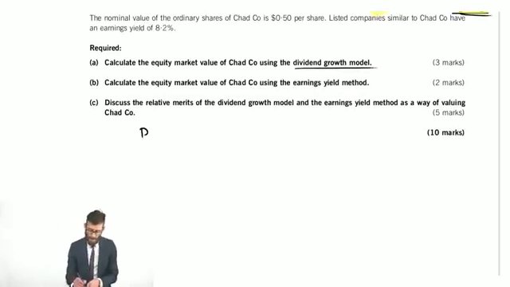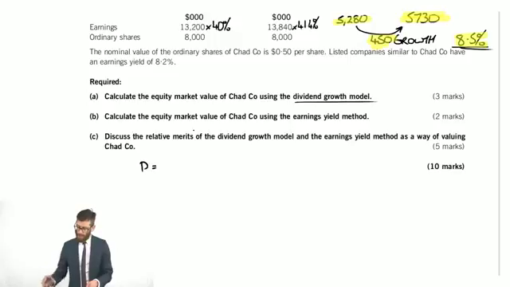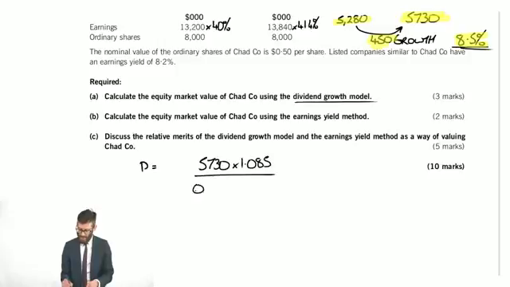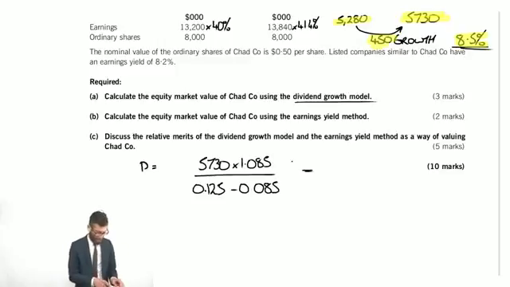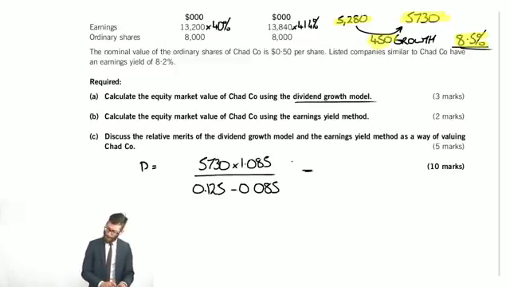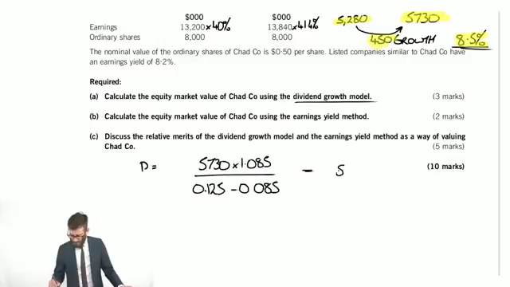And subsequently, the dividend value for this business, based upon the most recent dividend of 5730 times the growth of 8.5 divided by the cost of equity minus the growth, equals 155.4 million. 155.4 million is the dividend value.